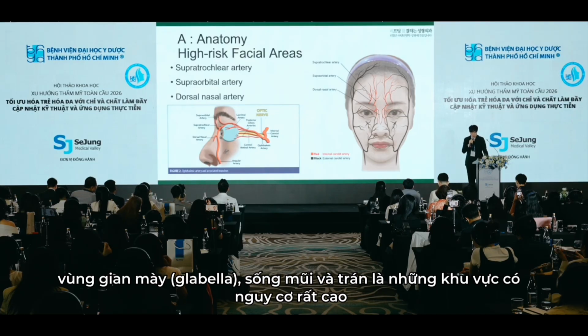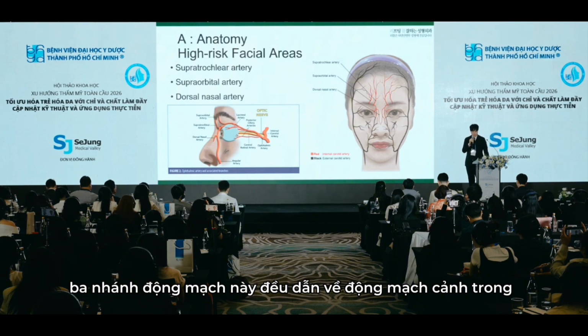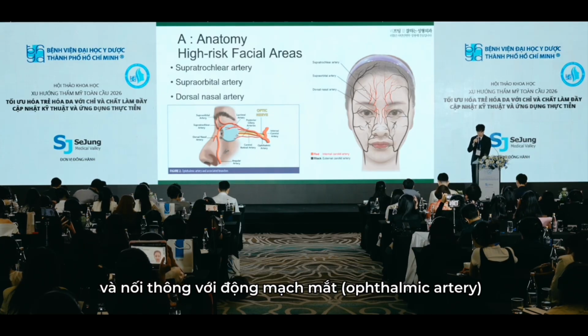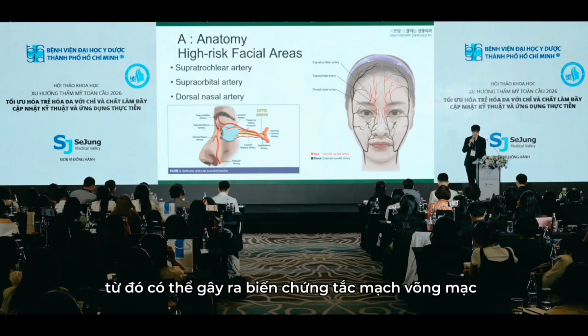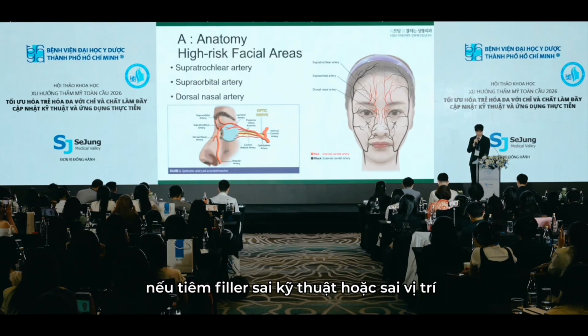The glabella, nose, and forehead are very high-risk areas. These three arteries branch from the internal carotid artery, which connects to the ophthalmic artery and thus can lead to retinal artery occlusion if injected improperly.